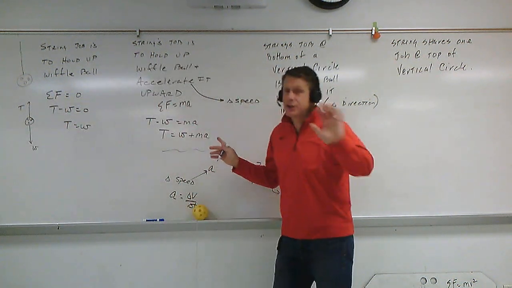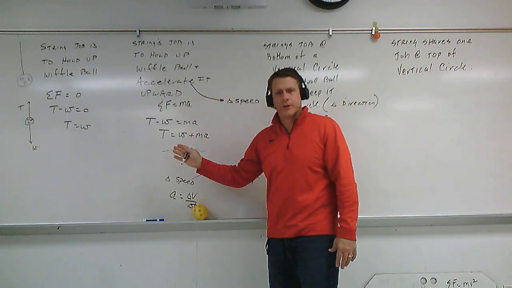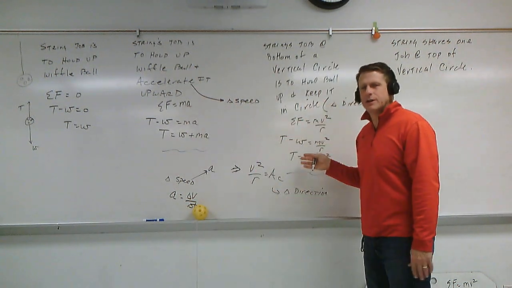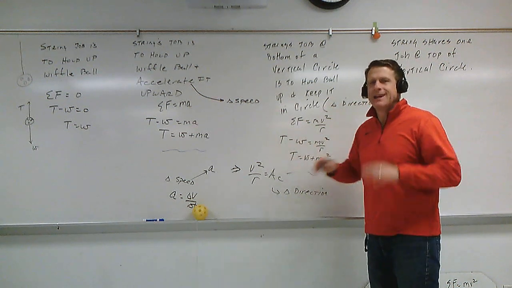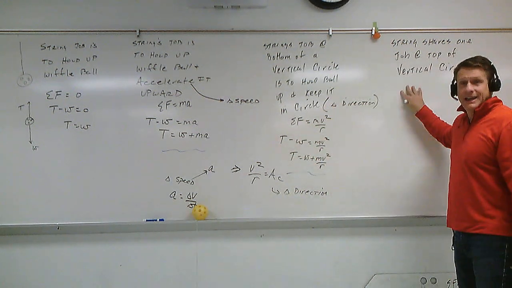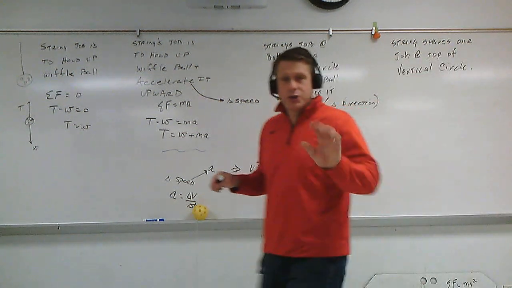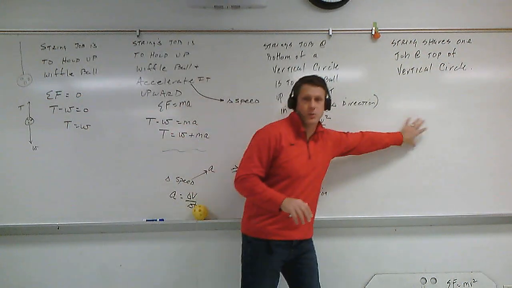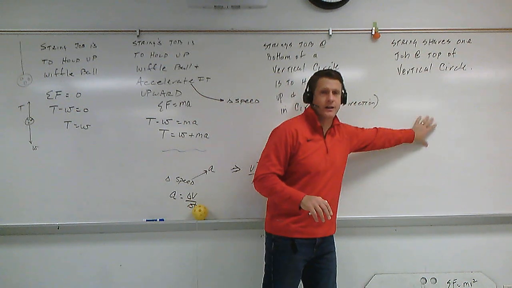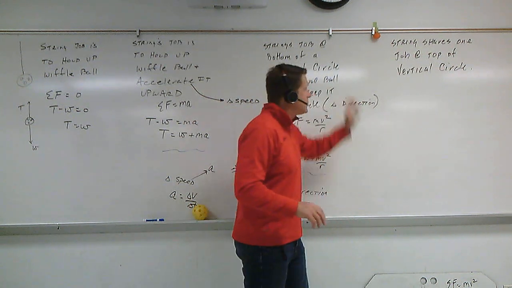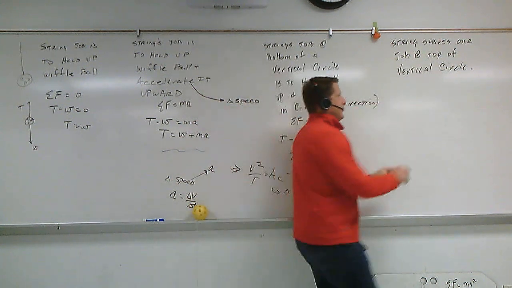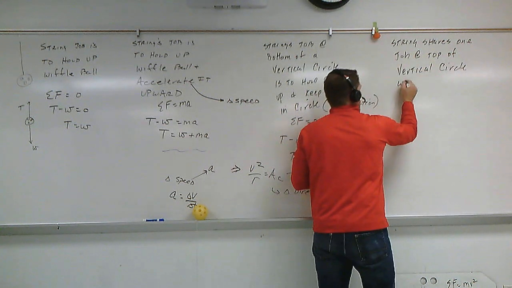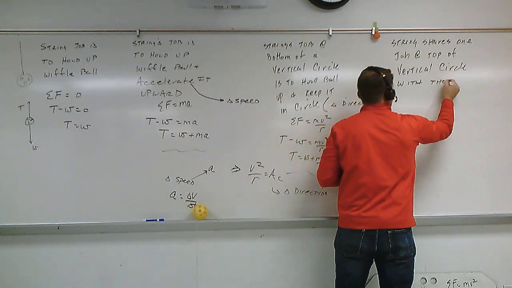Now they give you two jobs. That's a little bit more difficult. They give you two jobs over here. They're just two different jobs. Here, they give you a job, but you share it with something else. So you have actually less than one job over here. The string's got less than one job over here. It shares its job at the top of the circle with the weight.